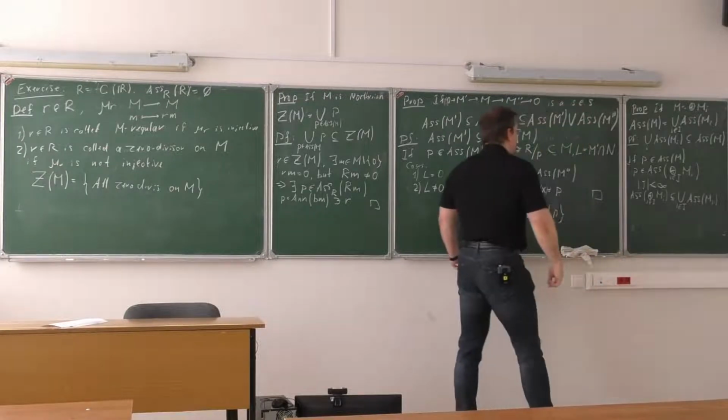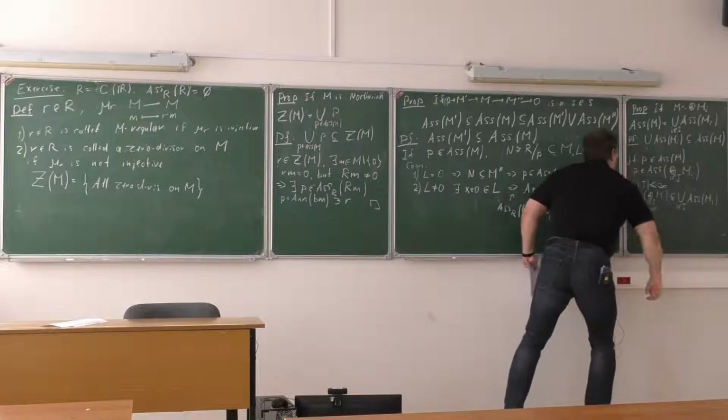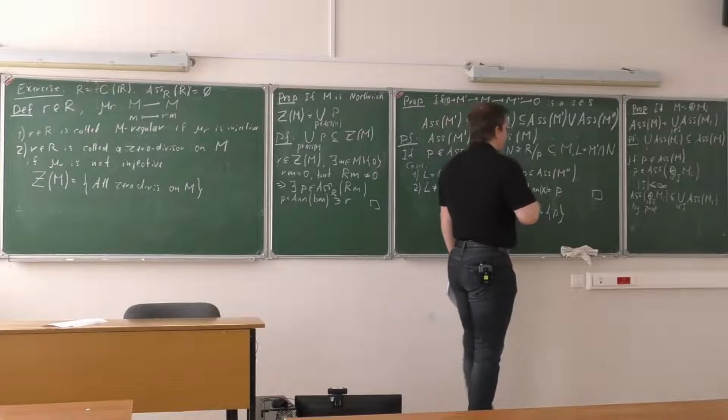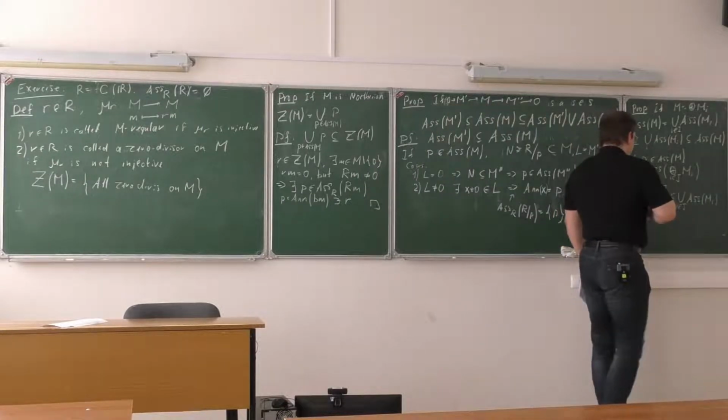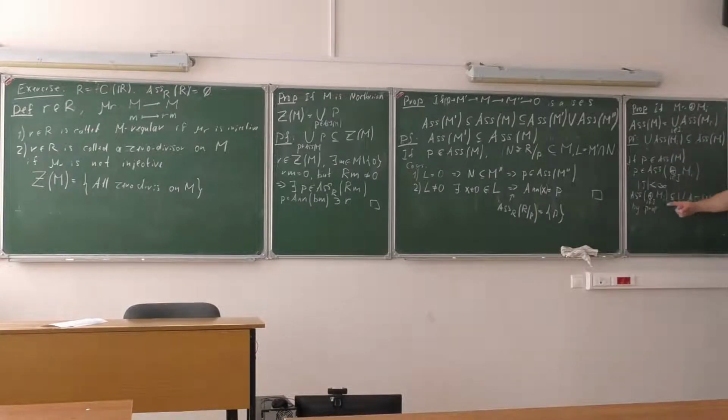So by these two things we can prove this inclusion. But the last step, what we want to show is the other inclusion: that if I take a prime which is associated to M, it actually belongs to this infinite union.